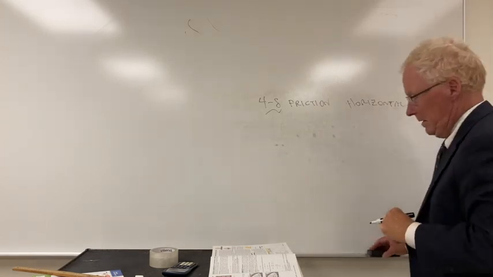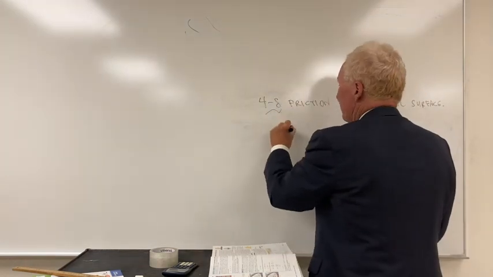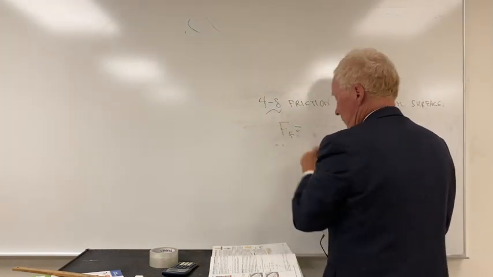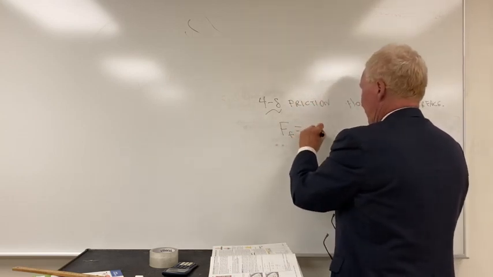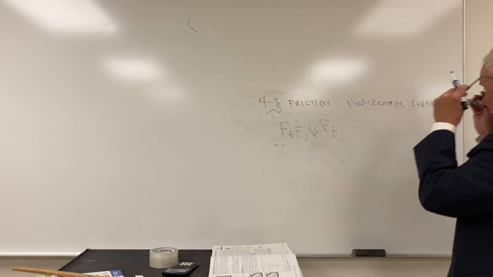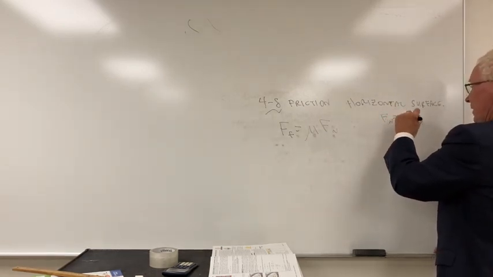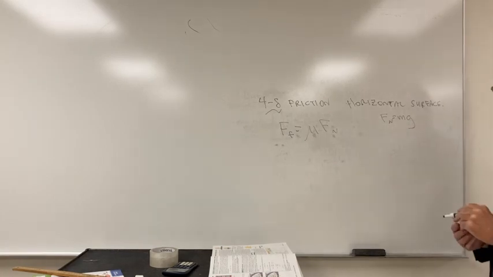Right? And we define friction as the coefficient of friction times what we call the normal force. The normal force, Fn, is this m times g.